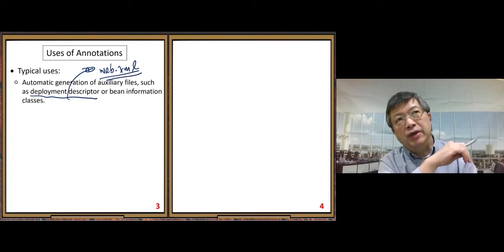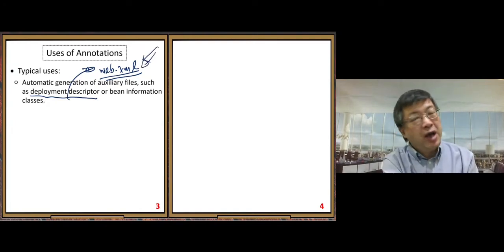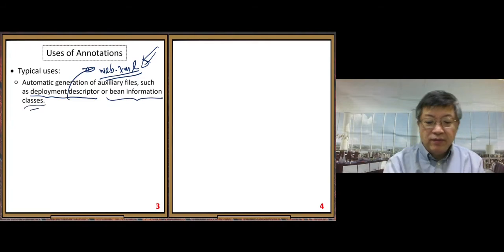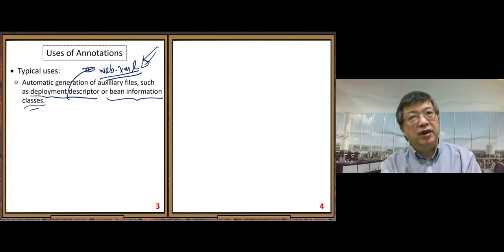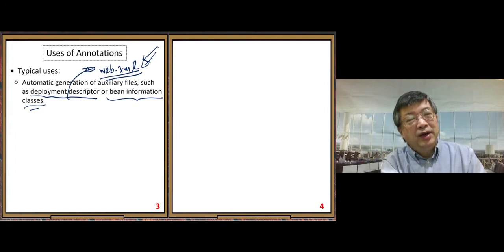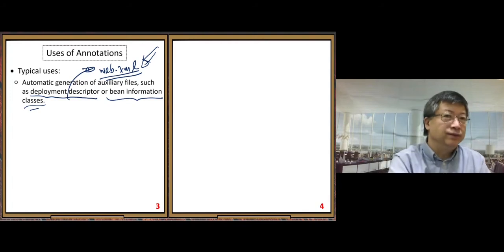But actually, for Spring MVC, this part we need to provide. That part is not hidden. That part is explicit. And bean information, classes. I mean, hidden things. We don't know what kind of things are generated. But we just know a lot of things related to specific configuration will be generated.